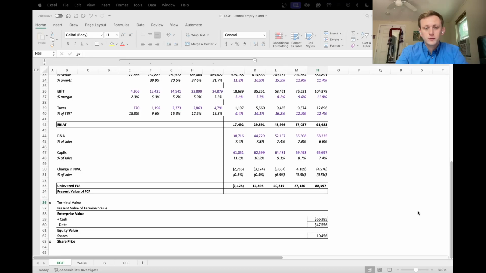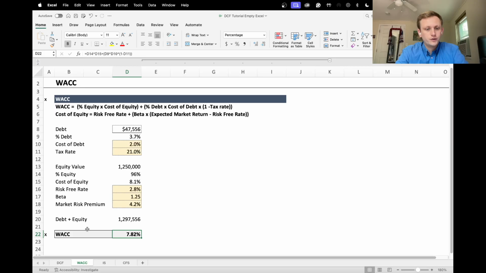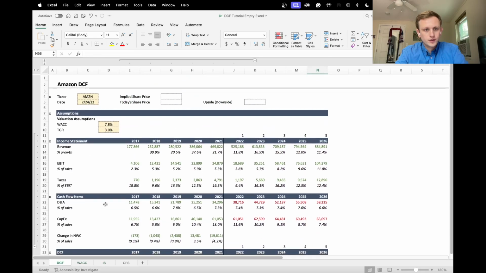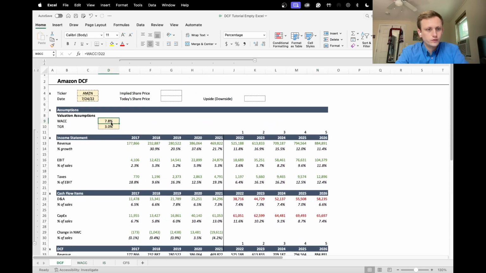Now we're going to implement this equation in Excel. So first I'm going to link our value that we solved for the WACC, and it's going to be up here for our valuation assumptions, the WACC and the terminal growth rate.